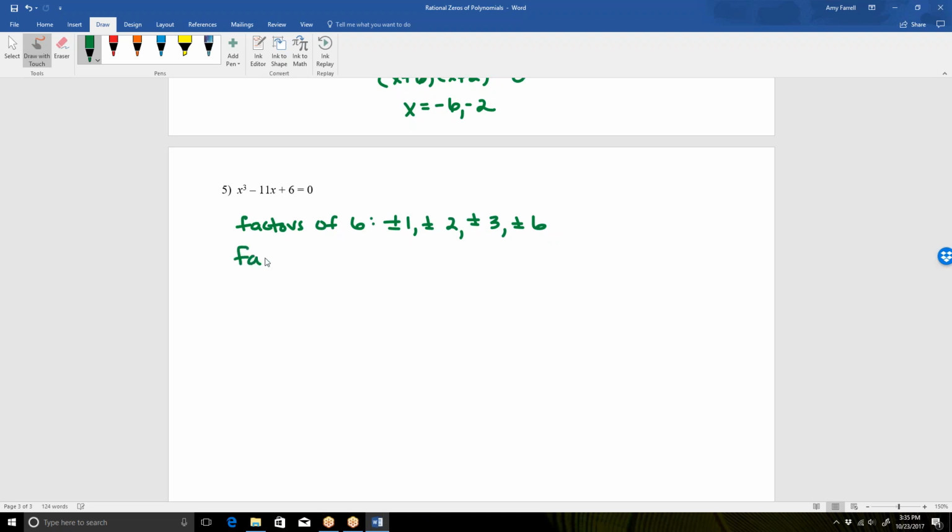And then I'm going to look at the factors of 1, plus or minus 1. And when we put the factors of 6 over the factors of 1, since the factors of 1 are just 1 and -1, really this is our list of potential rational zeros. Okay, so here's my list of the potential rational zeros.